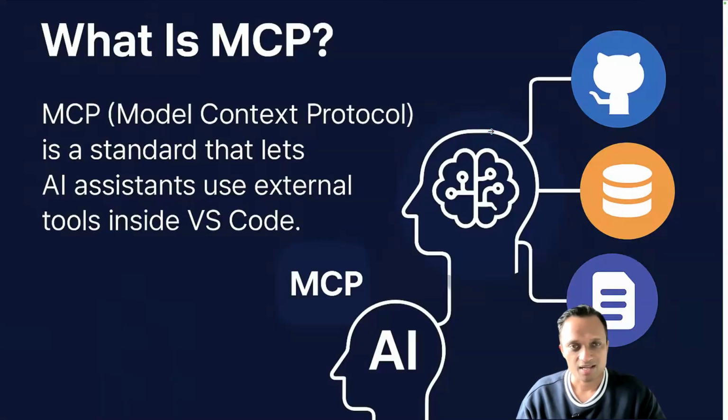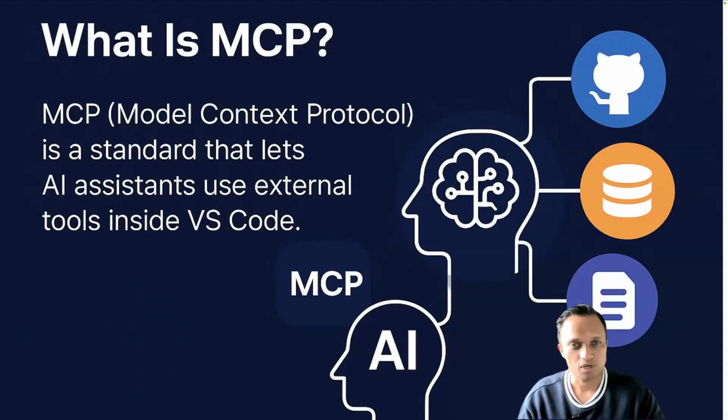As we know, MCP stands for Model Context Protocol. And in layman terms, it's a universal protocol which defines how your AI tools can interact with external tools inside your dev environment. So think of it as a bridge between your dev environment and your AI tools inside VS Code. So no custom integrations, no plugins, just smarter automation.